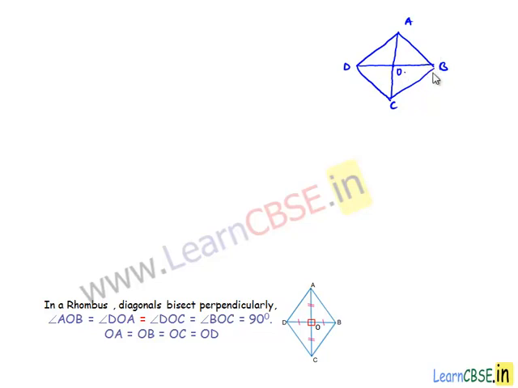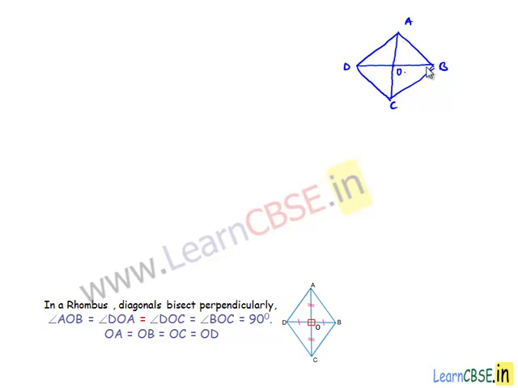We proved that ABCD is a rhombus. In order to prove that the rhombus is a square, we need to prove that all the angles, that is angle DAB, angle ABC, angle BCD and angle CDA, are equal to 90 degrees.